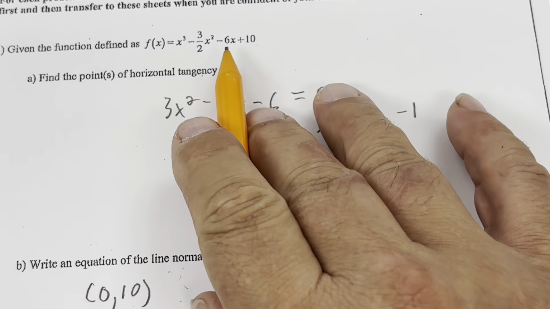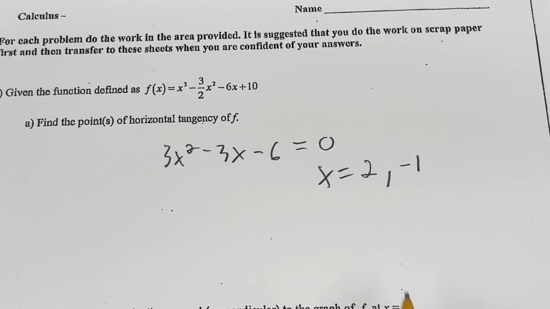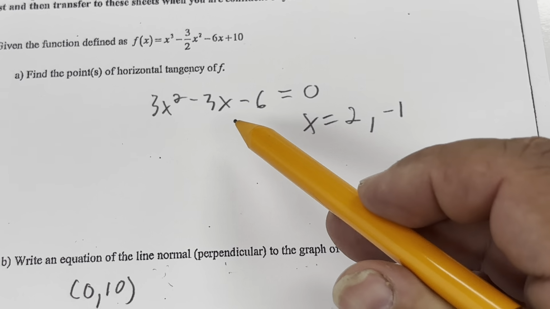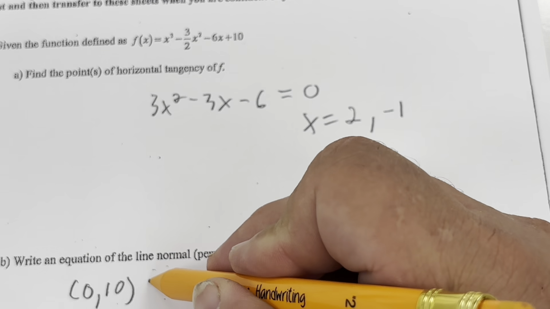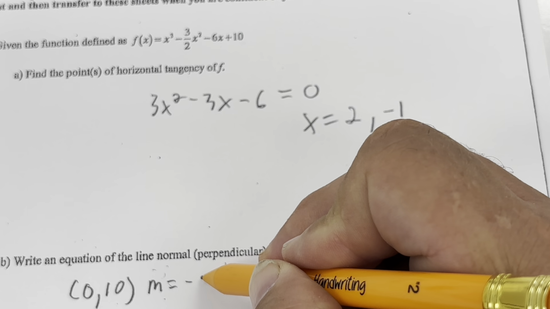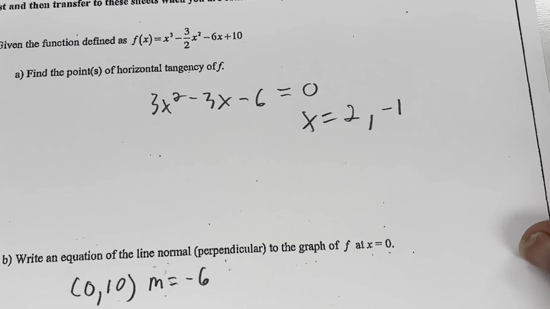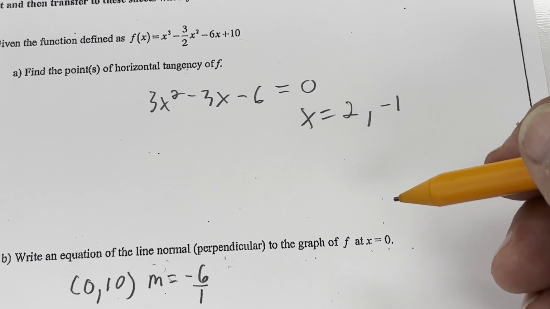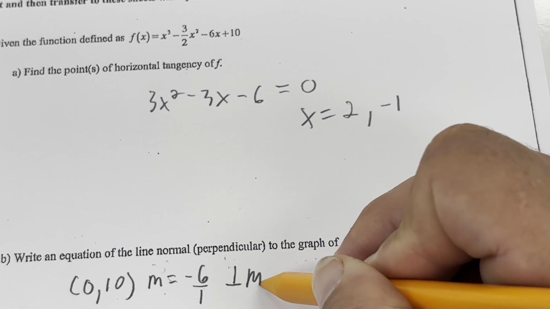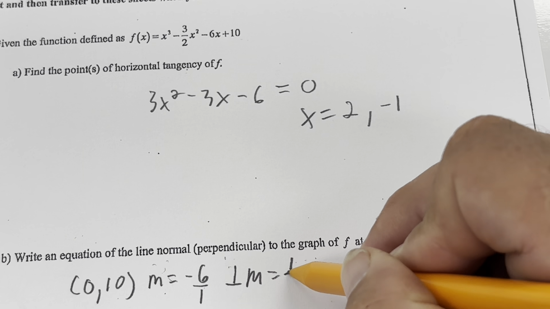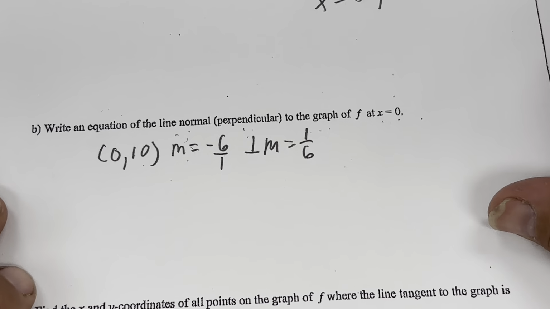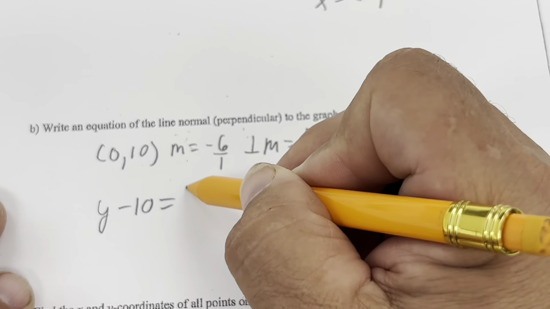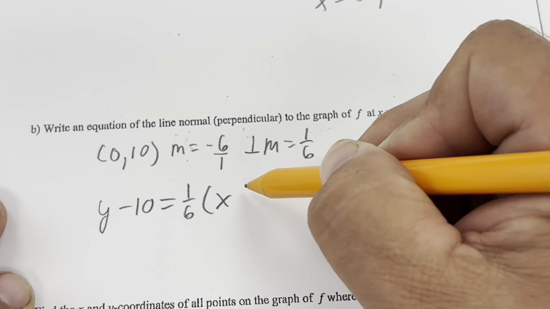Now I have to take the derivative, which I already did, and plug in 0 to the derivative. So when I plug in that 0 to the derivative, I get a slope of negative 6. But perpendicular slope would not be negative 6 over 1. The perpendicular slope, the normal slope, would be 1/6. So y minus 10 equals 1/6 times x minus 0.